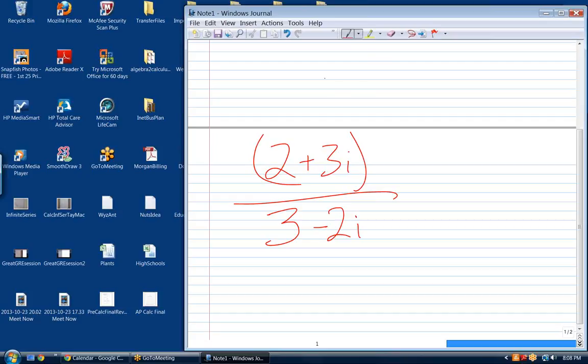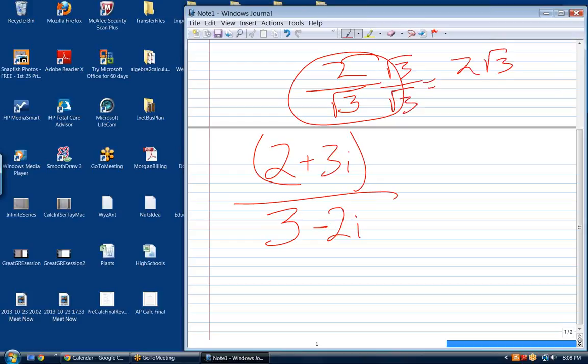Much like it is incorrect to have an irrational denominator, you'll never see that as a math answer. Because you want a rational number in the denominator, so I would take this and multiply it by root 3 over root 3, and I would end up with 2 root 3 over 3. So this is the way I would show that answer. Same number, but I now have a rational denominator, not an irrational one.